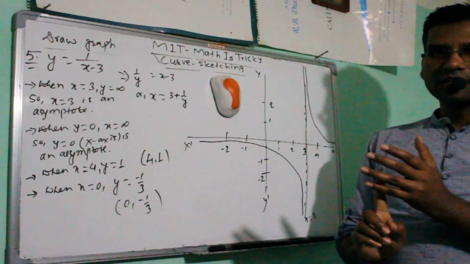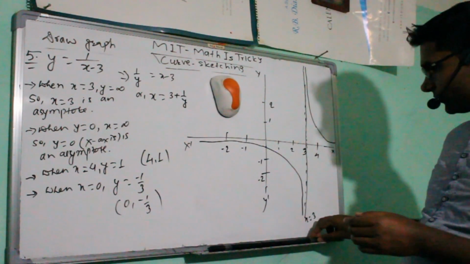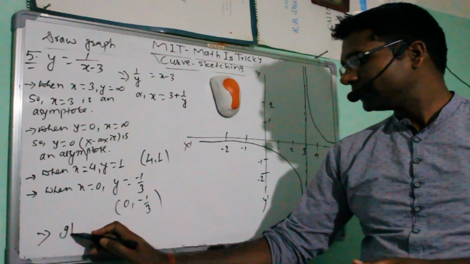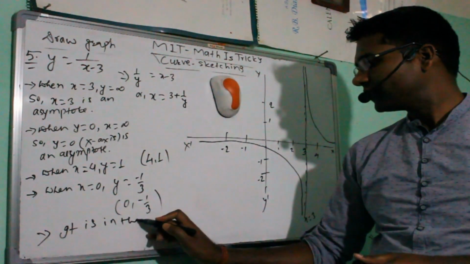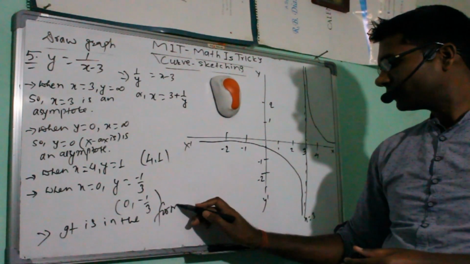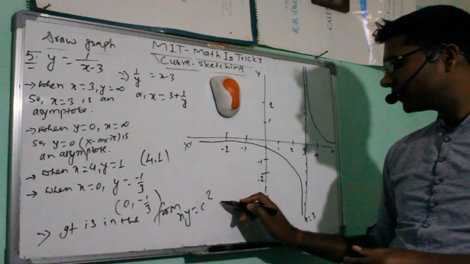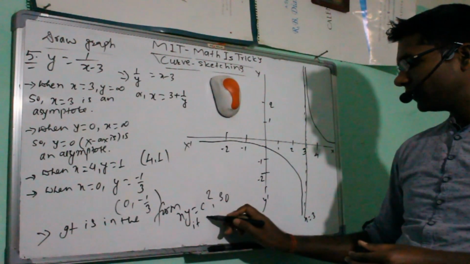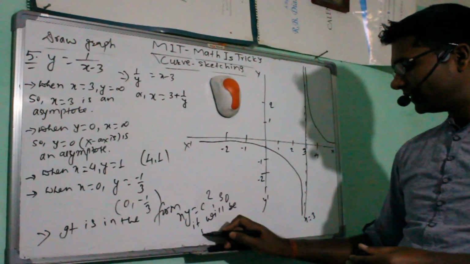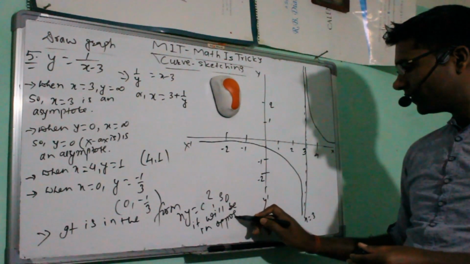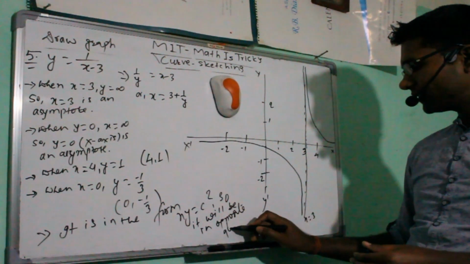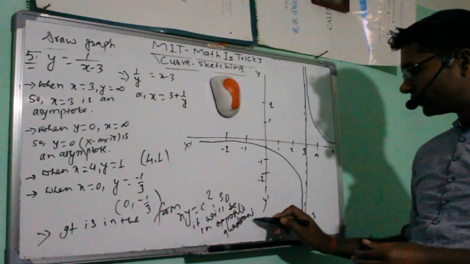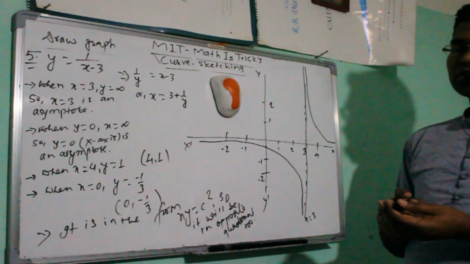So what actually I did, I first found in this case what is the asymptote, and also one more point we can see here, it is in the form xy equals c square, so it will be in the opposite quadrant, the curve will lie in the opposite quadrant also.